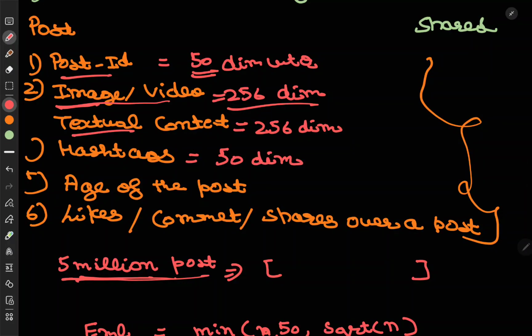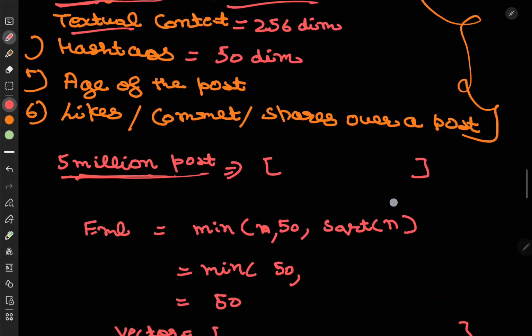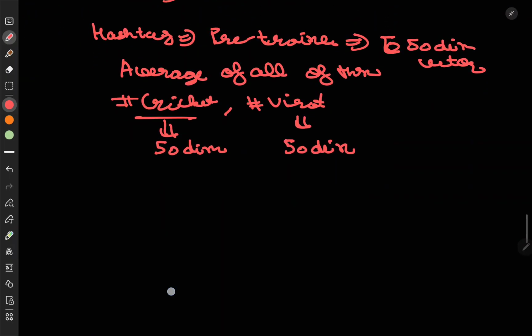Now coming to the age of the post. For the age of the post, the simplest thing you can do is bucketize plus one hot encode. What does this mean? See, the age of the post could be divided into buckets.